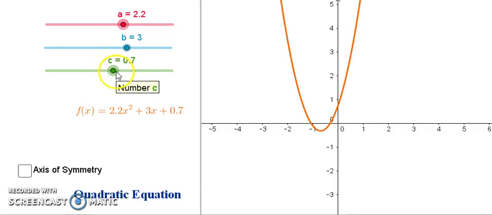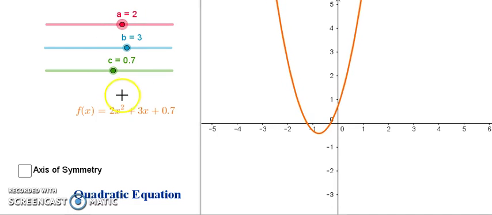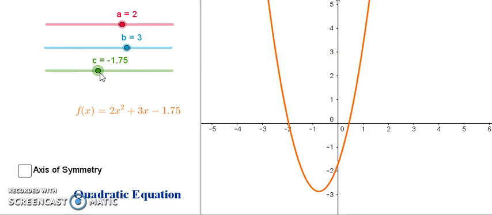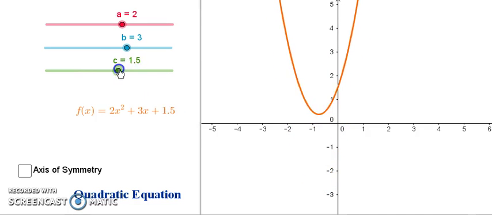Let's look at c. So I'm going to set my a here. Let's set it to 2. And let's change c and see what happens. So c controls the y-intercept.